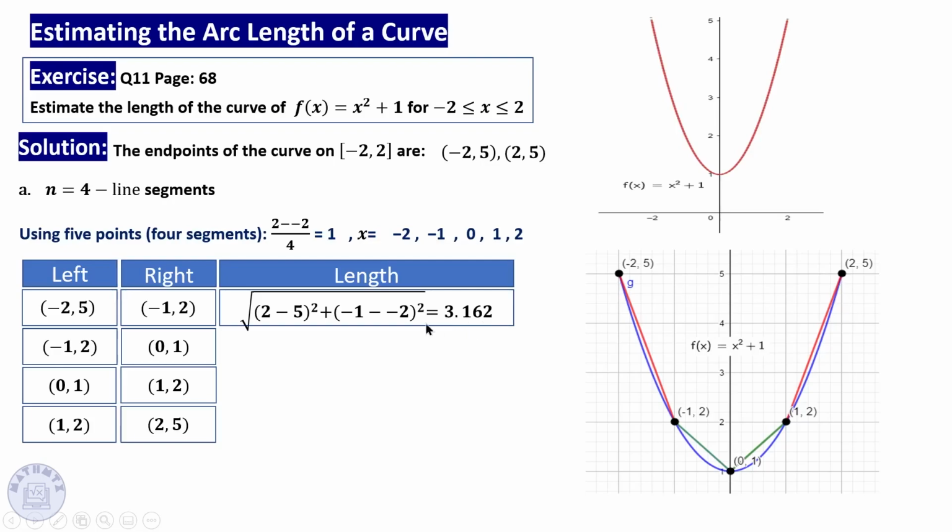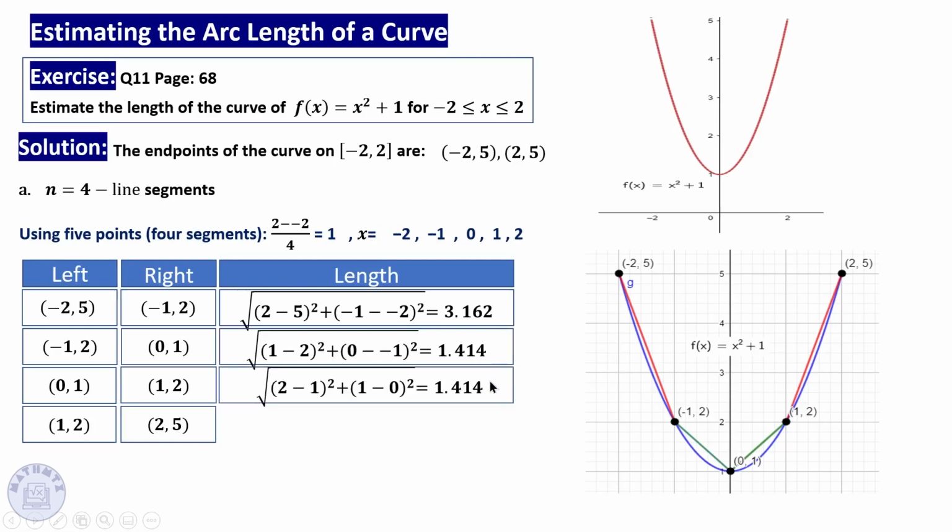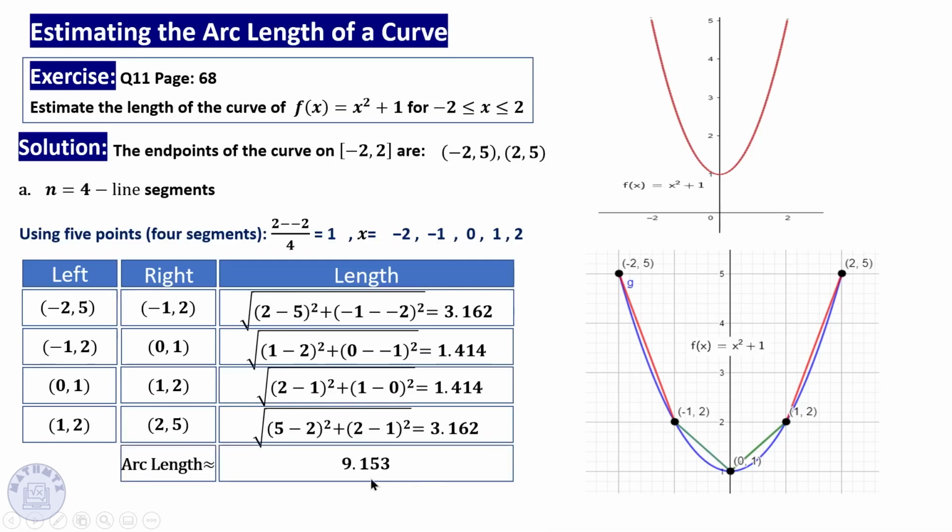You can just use your calculator to do this calculation. And the second one, third, and fourth. Again, 4 line segments. Now the length of the curve can be approximated by adding all of the 4 line segments. Just add the lengths of these 4, and this gives a decent approximation for the curve length.